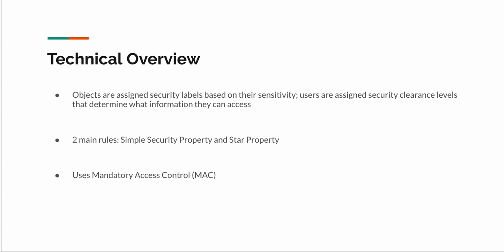So this simple security property rule is pretty easily intuitive to understand, and we call it the no read up rule because all it means is you can't read anything higher than your security label. But the second rule, star property, is a little bit more difficult to understand intuitively, but all it says is that you can't write documents that are lower than your classification level.